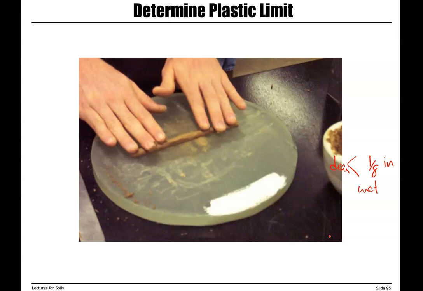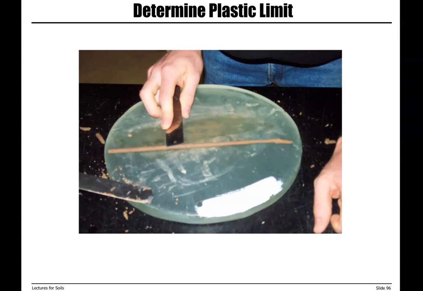If you cannot get to 1/8 inch, it's either that you have a material that doesn't have plasticity or it's too dry, so you need to add moisture to it. So what we are trying to do is to roll it into a thread with 1/8 inch diameter.